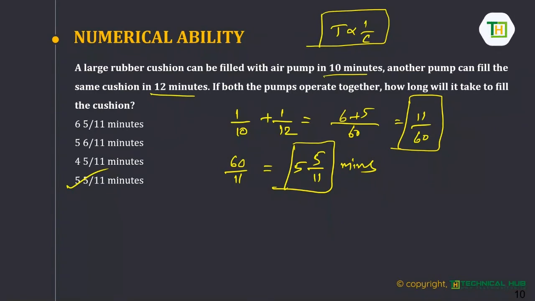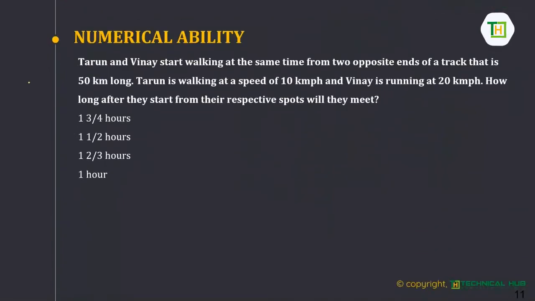Next question. Tarun and Vinay start walking at the same time from two opposite ends of a track that is 50 kilometers long. Here, the distance between those two persons, Tarun and Vinay, is 50 kilometers.